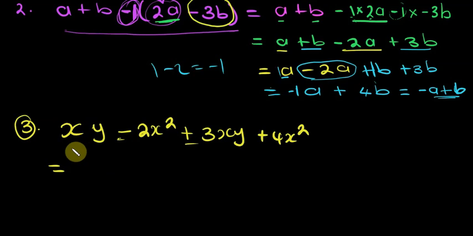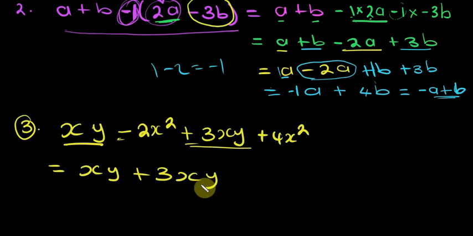You look for the like terms, xy and 3xy. These are like terms, okay? xy plus 3xy and minus 2x squared and positive 4x squared. These are like terms, minus 2x squared plus 4x squared.